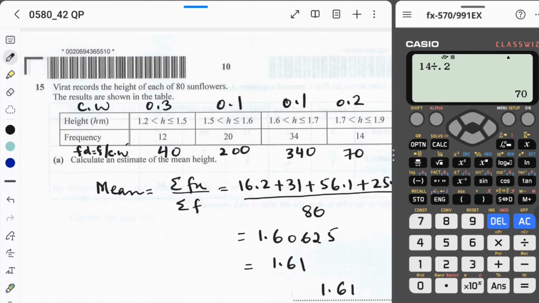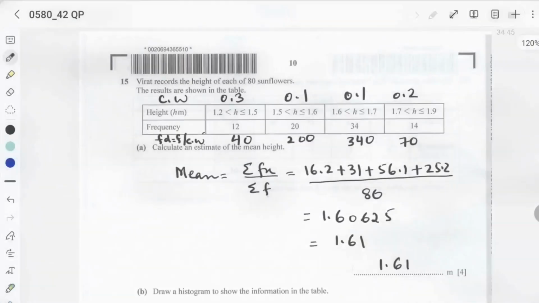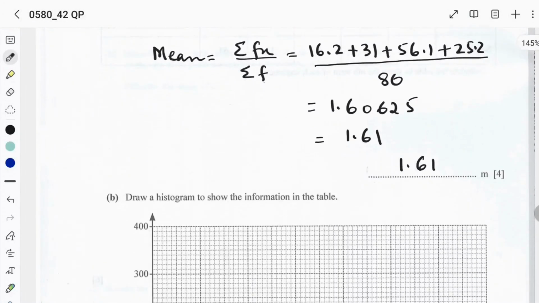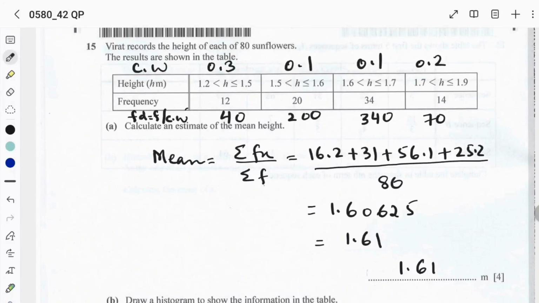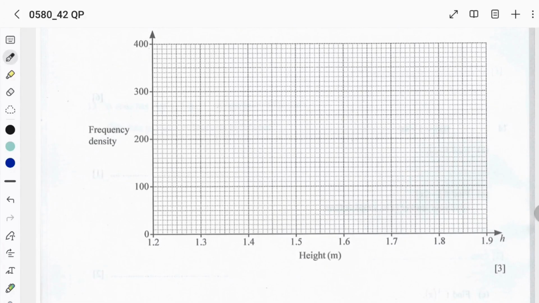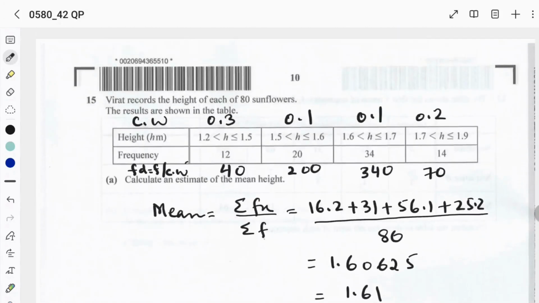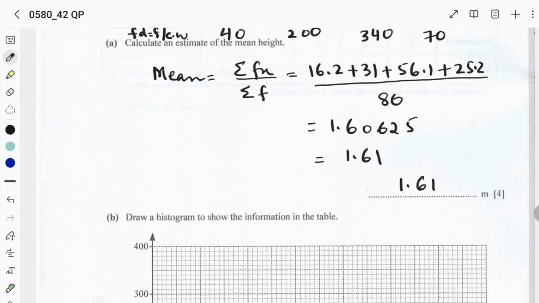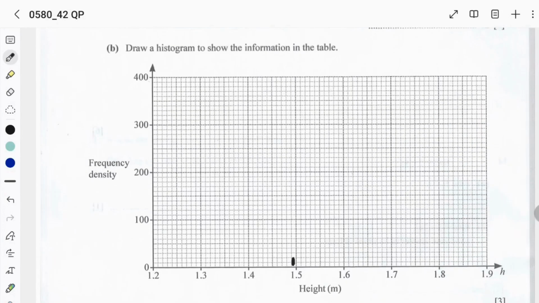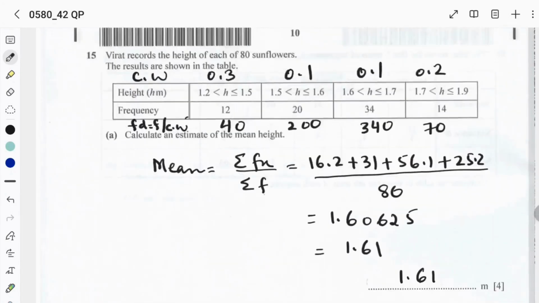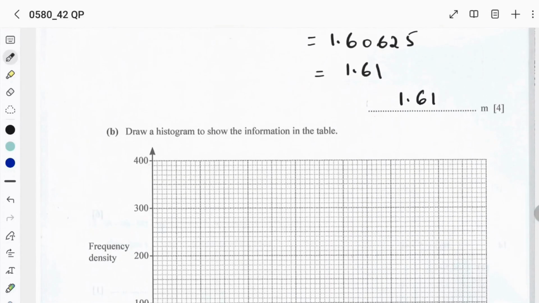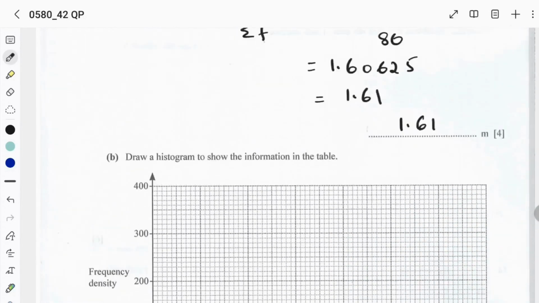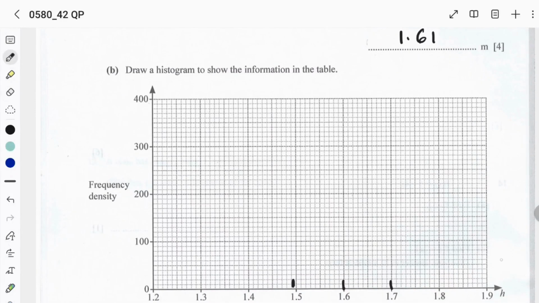Okay, so here we are going to make the histogram. Now in this question, 1.2 to 1.5 reaches 40. So 1.2 to 1.5 is the first bar, and then 1.5 to 1.6 is the other bar, and then you will have 1.6 to 1.7 as the next bar, and then 1.7 to 1.9 is another bar.